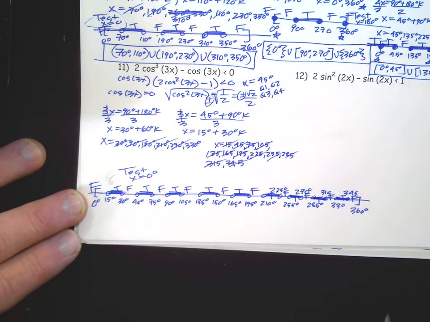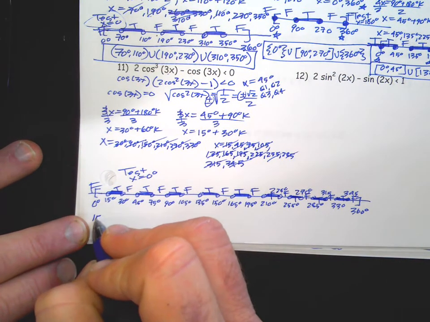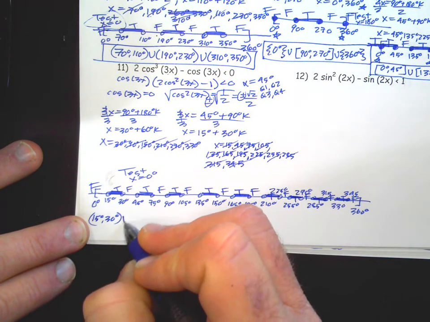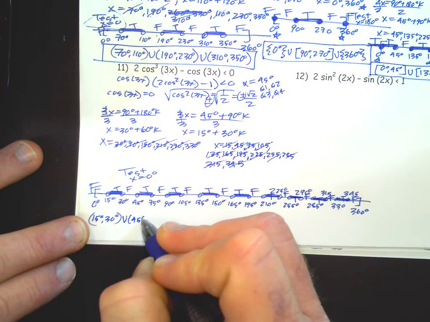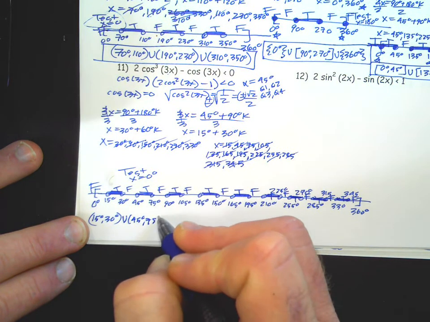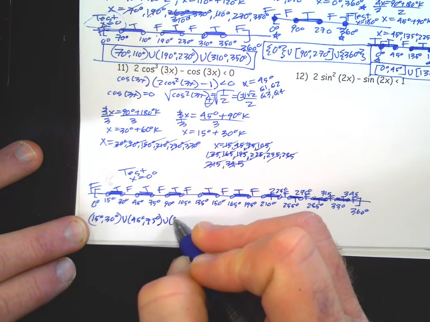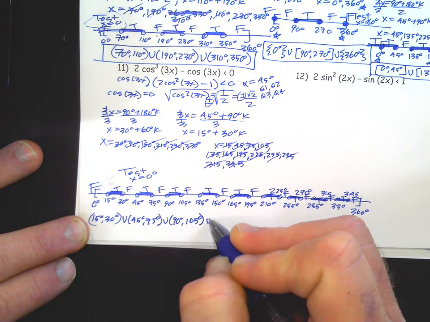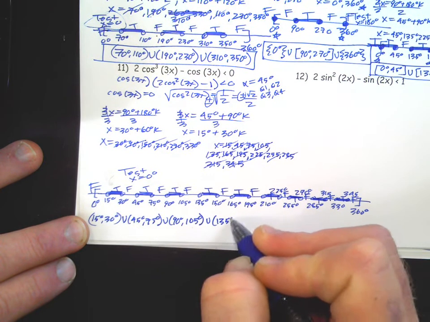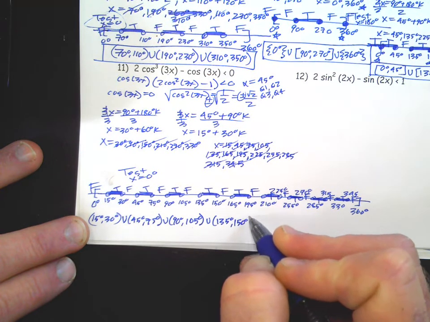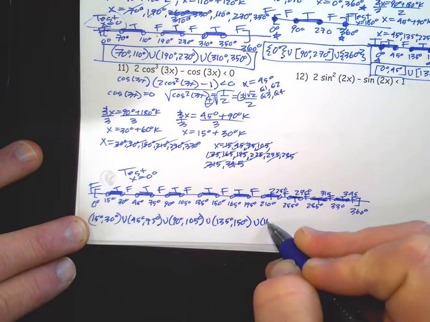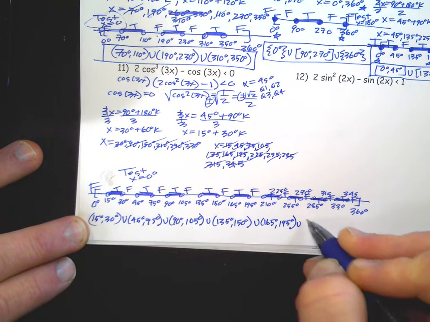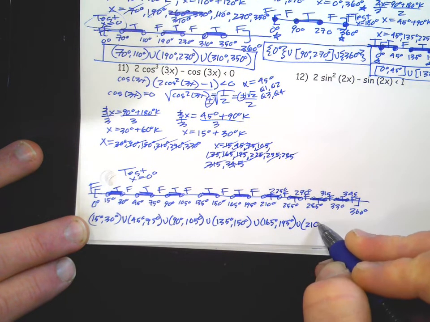All right, wow. Okay, now we get to write our answer in interval notation. This is like the monster problem. These are all parentheses. Got to write degrees. Otherwise, it's interpreted as radians. Hopefully I didn't make any mistakes.